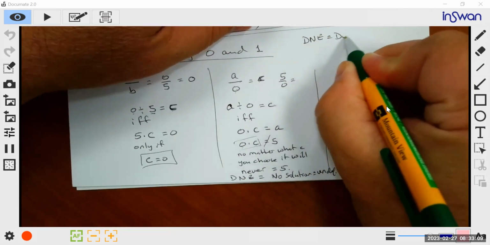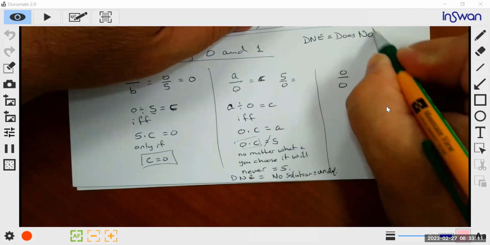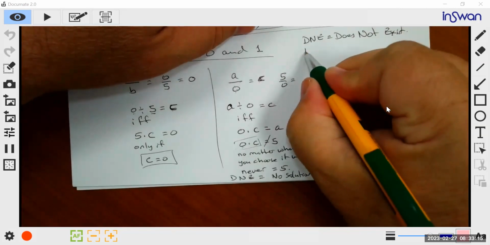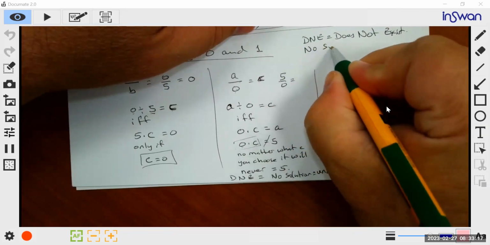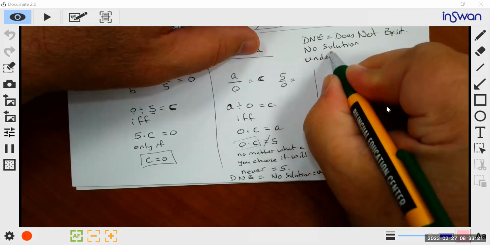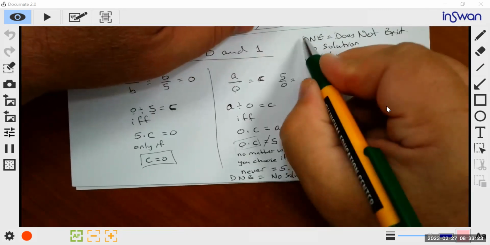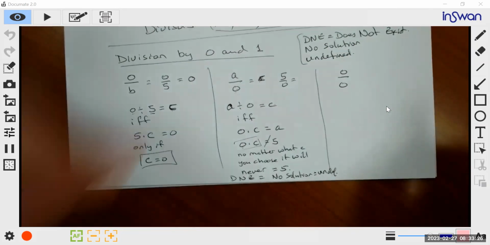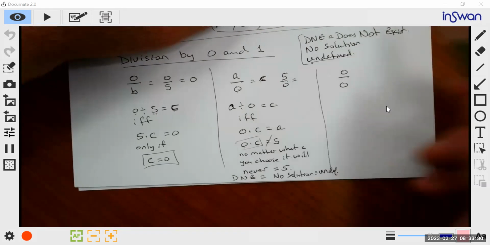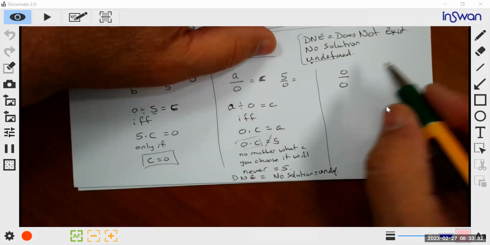DNE is does not exist. No solution. And undefined. Typically we say undefined or does not exist. Same thing with this one.